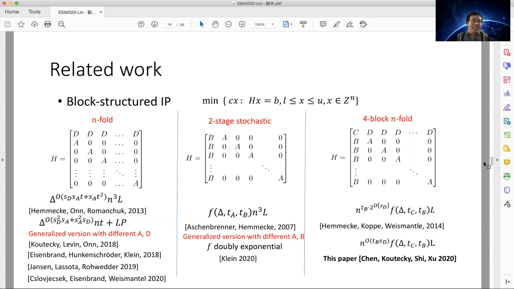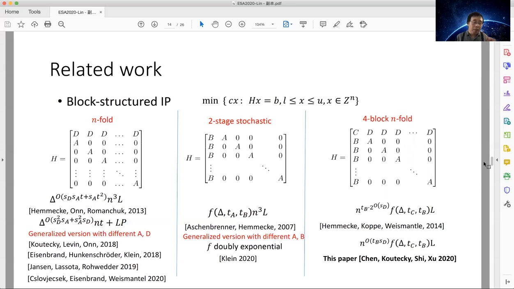The earlier FPT algorithms for these date back to 2007 and 2013, where Hemmecke and other researchers provided important progress.